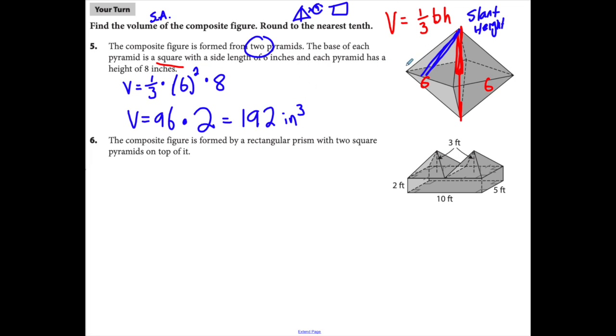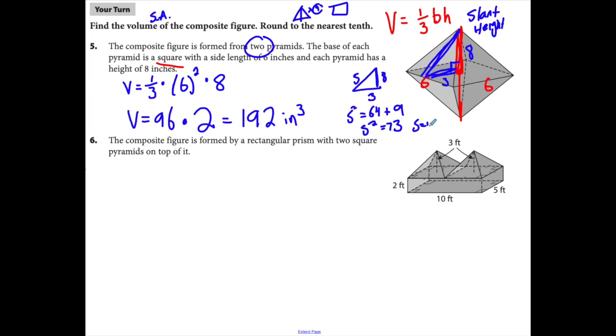Okay, surface area. Now I don't have the slant height, but we can figure it out if we assume that this is midway down the line. Then we have a length of 3 and a height of 8, and that allows us to use the Pythagorean theorem to calculate the remaining side. So the slant height, let's call that S, satisfies S squared equals 8 squared plus 3 squared, so S squared is 73.